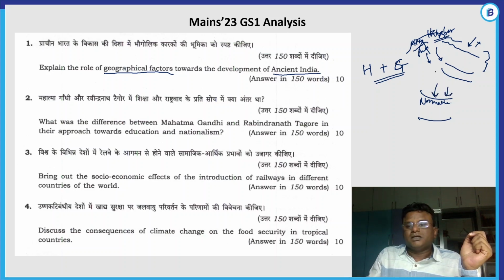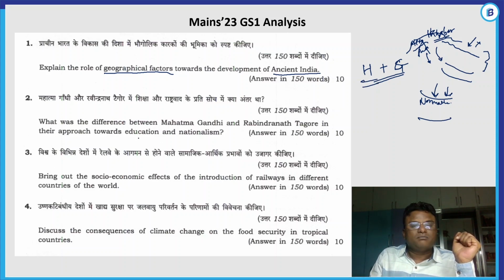So how you link history to geography, what role geography plays in history, this is applicable for medieval India, this is applicable for modern history as well. So this is a different type of question which UPSC has asked, and that is the first question itself in the GS1 paper. So a combination of subjects.